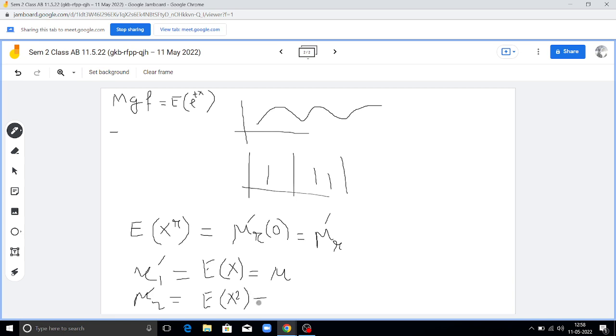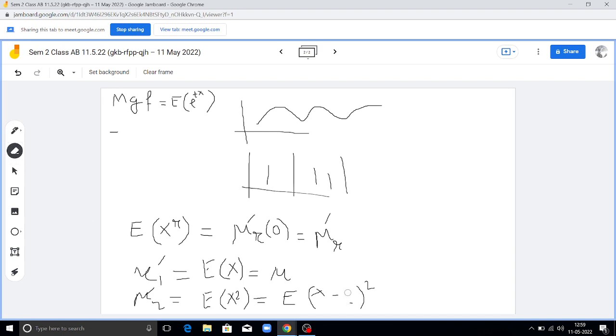It is expectation of x minus x bar whole square. x bar is nothing but expectation of x, or mu.